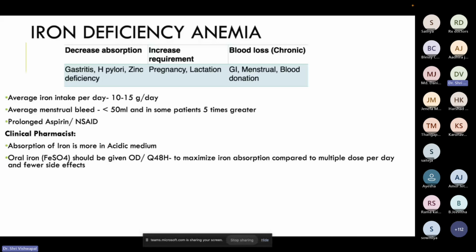The oral iron which is commonly used is ferrous sulfate. It should be given only once a day, not BD or TDS, or maybe once every 2 days. This is because if you overload the iron supplement, the iron absorption will be reduced.